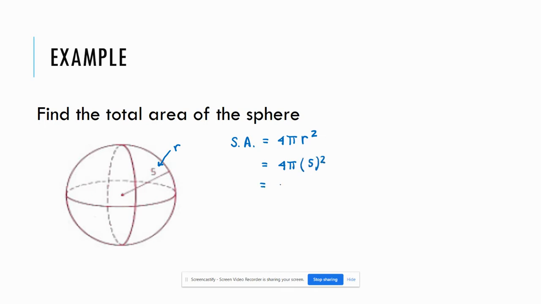Well, 5 squared is 25, and 4 times 25 is 100. It's still in terms of pi. It's important not to lose that. The 5 doesn't have a particular unit, so we would say it's going to be units squared, because once again, we're talking area. And that would be the total surface area of a sphere.